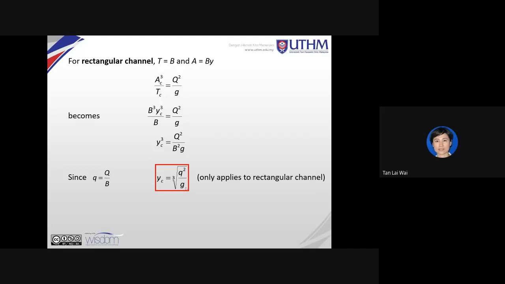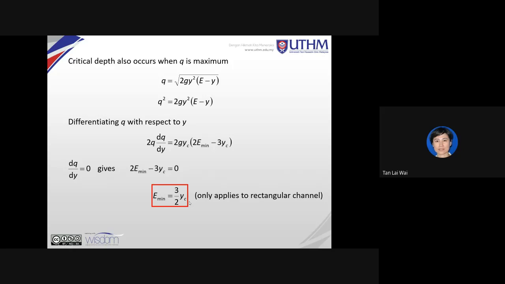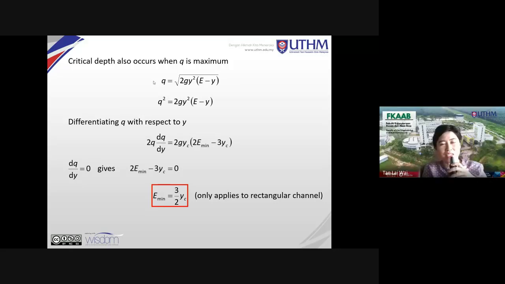Now remember this formula only applies for rectangular channels because we substituted T equals B and A equals B Y. Now, we also know critical depth occurs when Q is maximum. Remember the derivation earlier, right?